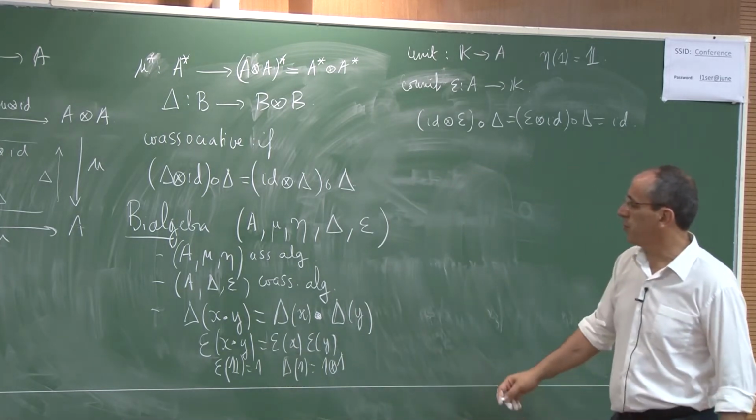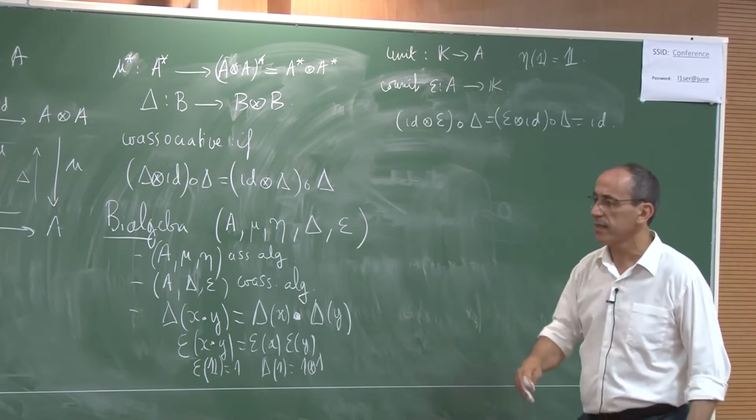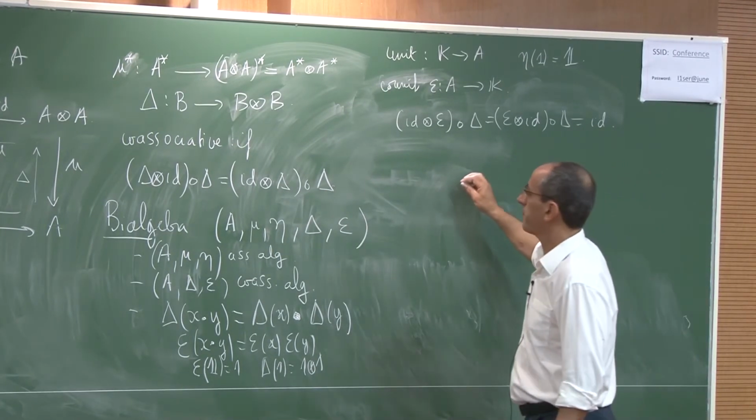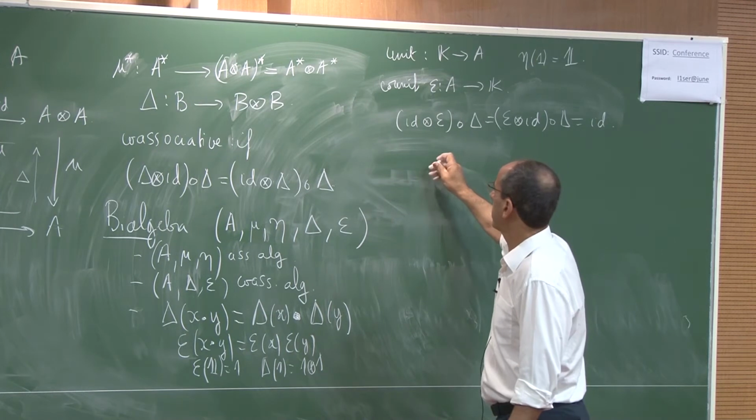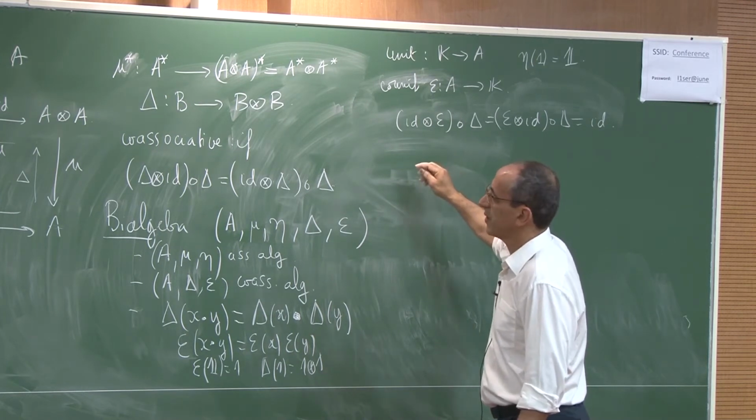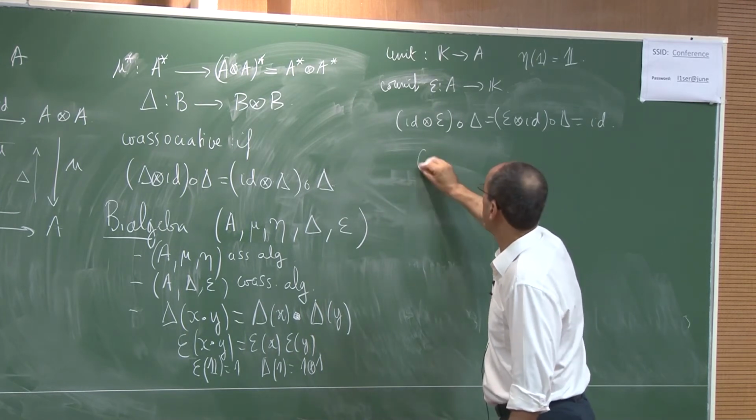And to get to Hopf, if you have this, then you can construct a convolution product.